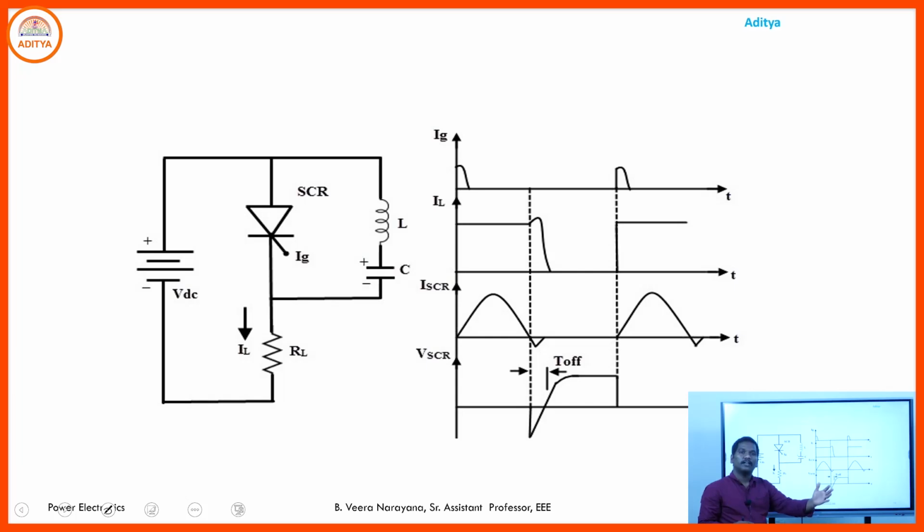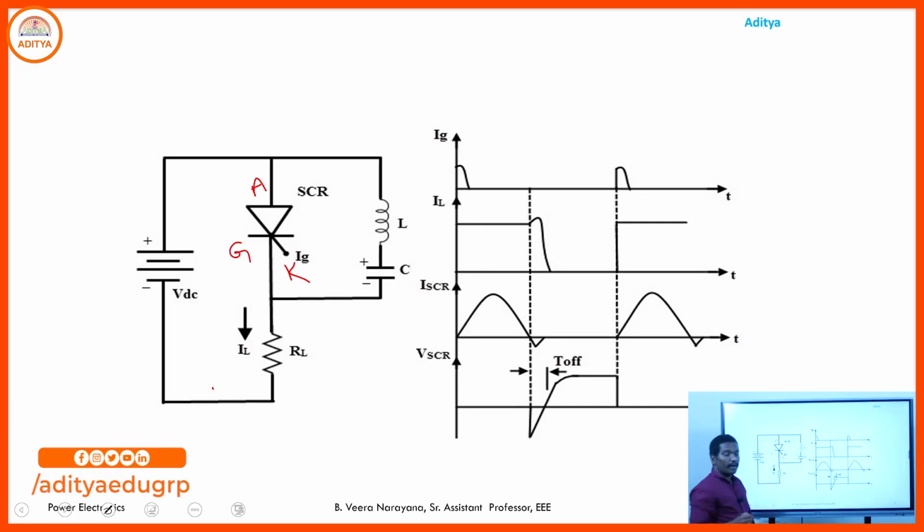Here the anode is made positive with respect to the cathode, and at time t equal to 0, we provide the gate voltage across the gate and cathode terminals.